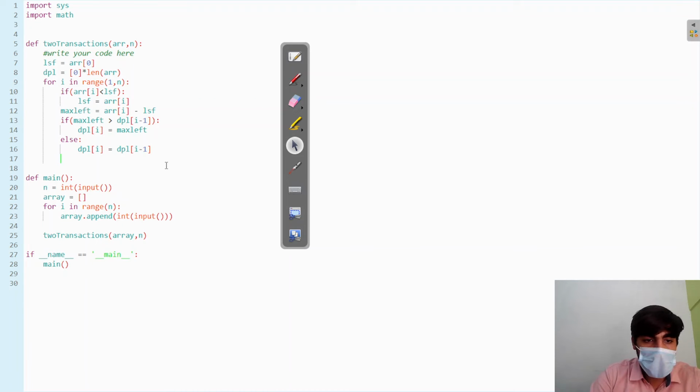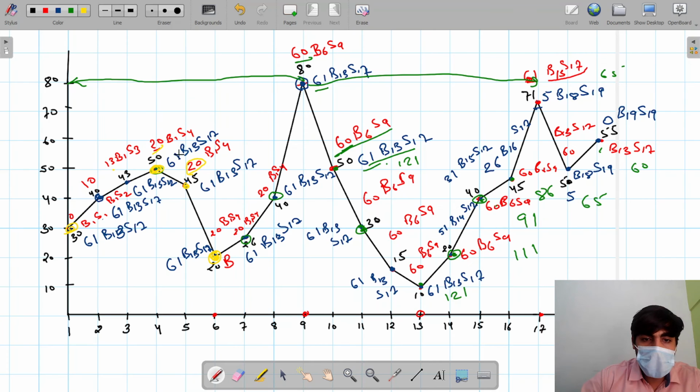Okay. Now come to max left, max so far. I am talking about the reverse part. First iteration is completed from left to right. Now I am talking from right to left.